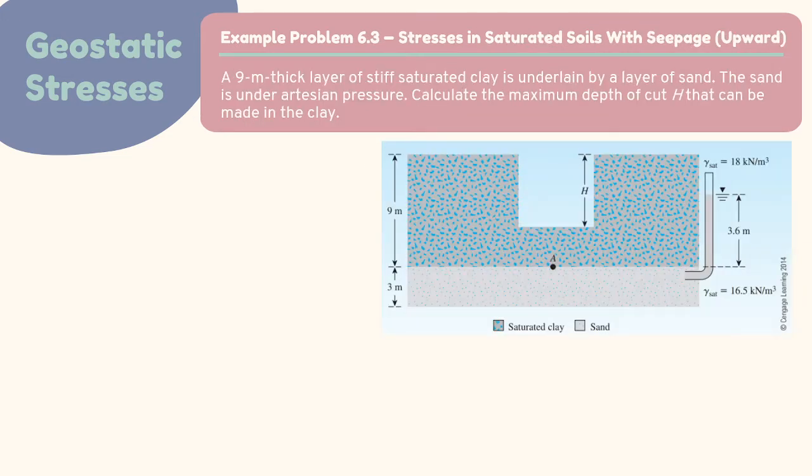So let's proceed to example problem 6.3. A 9-meter thick layer of stiff saturated clay is underlain by a layer of sand. The sand is under artesian pressure. Calculate the maximum depth of cut H that can be made in the clay. How are we going to determine the maximum depth?